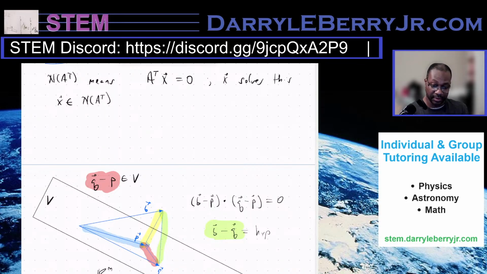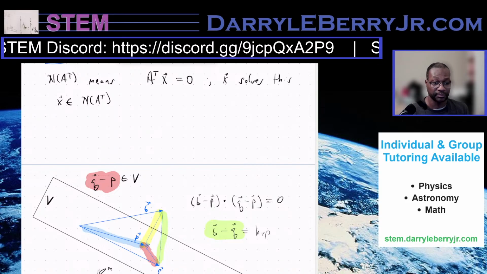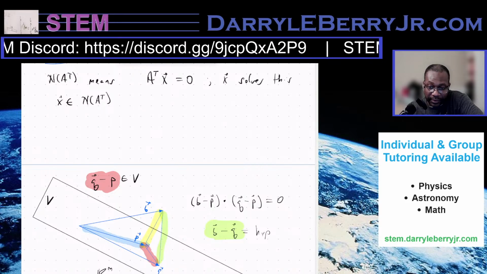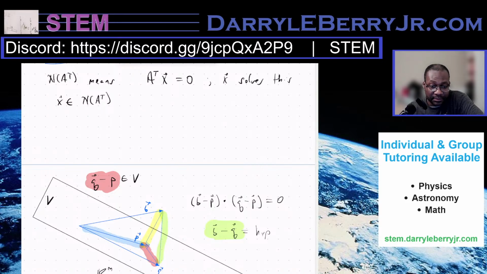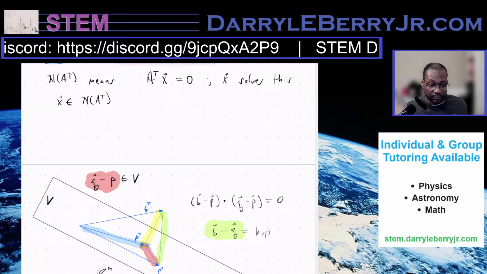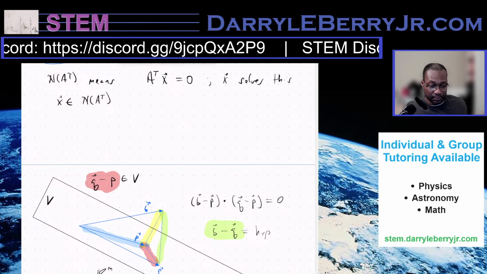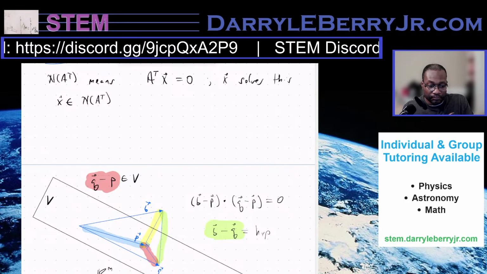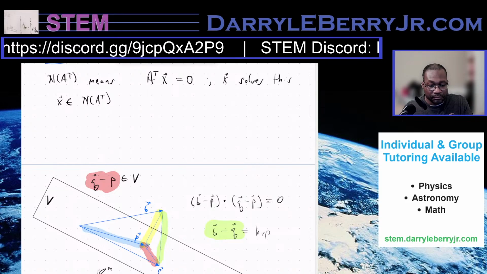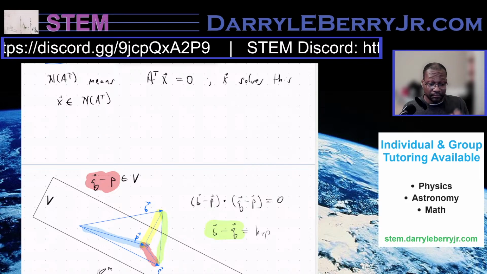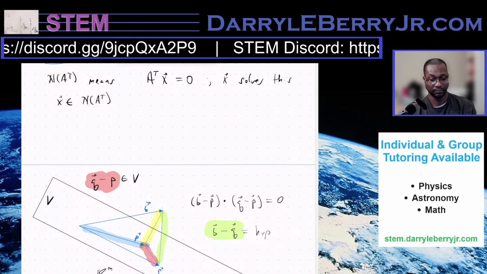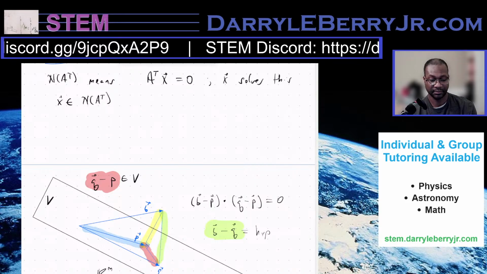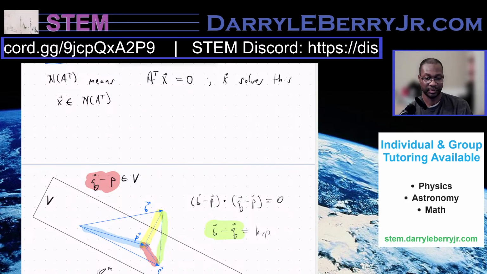So it's perpendicular to the subspace. The orthogonal complement of the column space of A is the null space of A transpose.